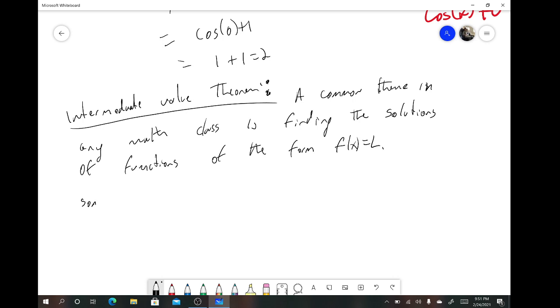Now, sometimes, in fact most of the time, but sometimes these functions may not have solutions at x. The solutions may not exist. So sometimes these functions may not have a solution.